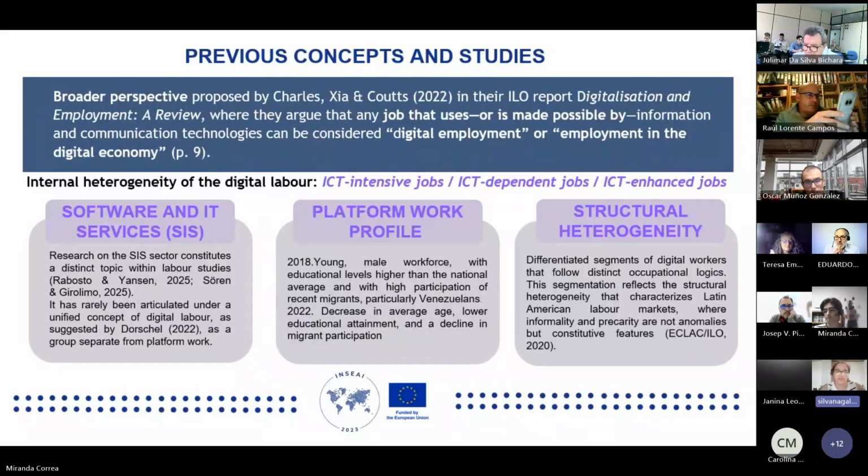Although in the early years it was established as a young sector dominated by men with a higher level of education and a large migrant population, more recent studies show a decrease in the average age, a lower level of education, and a decrease in the participation of migrants. Finally, from the structuralist perspective of Latin America, we recognize that there is a segmentation of digital workers and digital labor that reflects the structural heterogeneity of Latin American labor markets, where informality and precarity are not anomalies, but constitutive features.